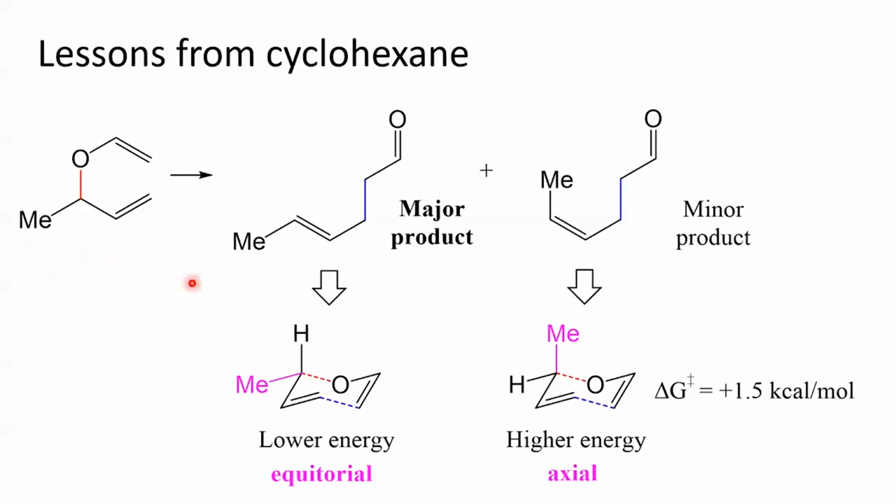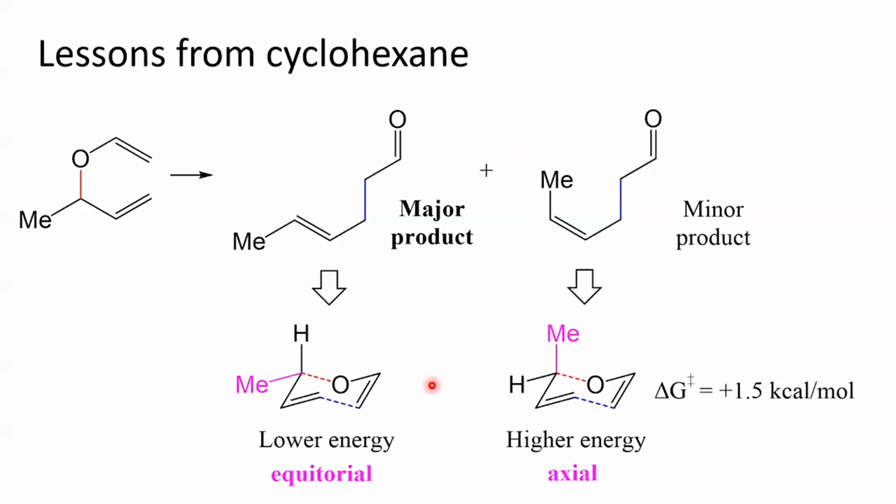So here we have a simple reaction that would showcase this idea. We have our starting material, our bond to break is shown in red. We have two products that we could form. New bond is shown in blue. We identify that the product that has a trans arrangement of the olefin will be the major product, while the product that has the olefin in a cis conformation will be the minor product.